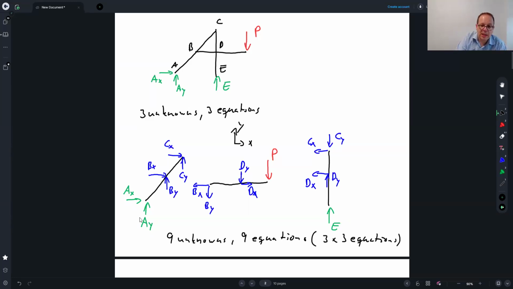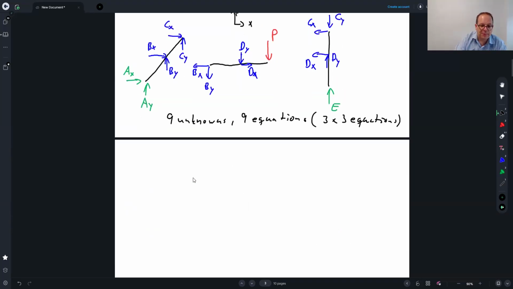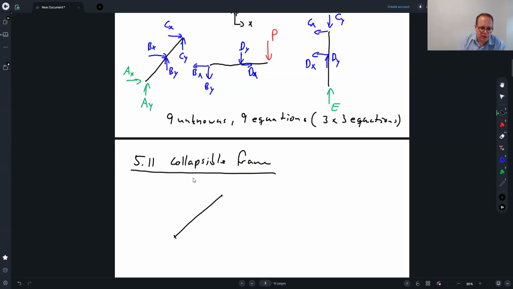So let's see what we do for the collapsible frame. So let's do 511 and call this collapsible frame. Do our simple collapsible frame here.